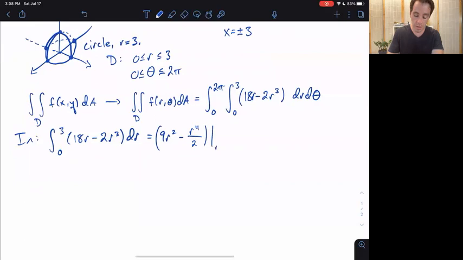And this gets evaluated as r goes from 0 to 3.